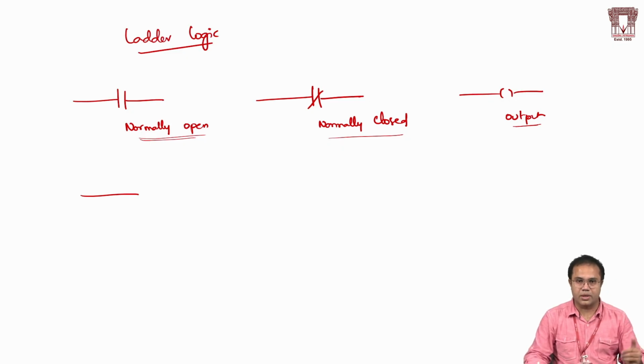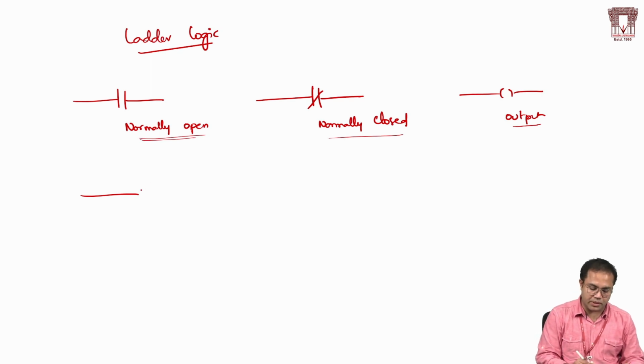Later, when computation and programming devices arrived, we brought these programming concepts into the controller and started using PLCs. Here we use the same notations, normally open and normally closed. So now let's look into the normally open instruction.